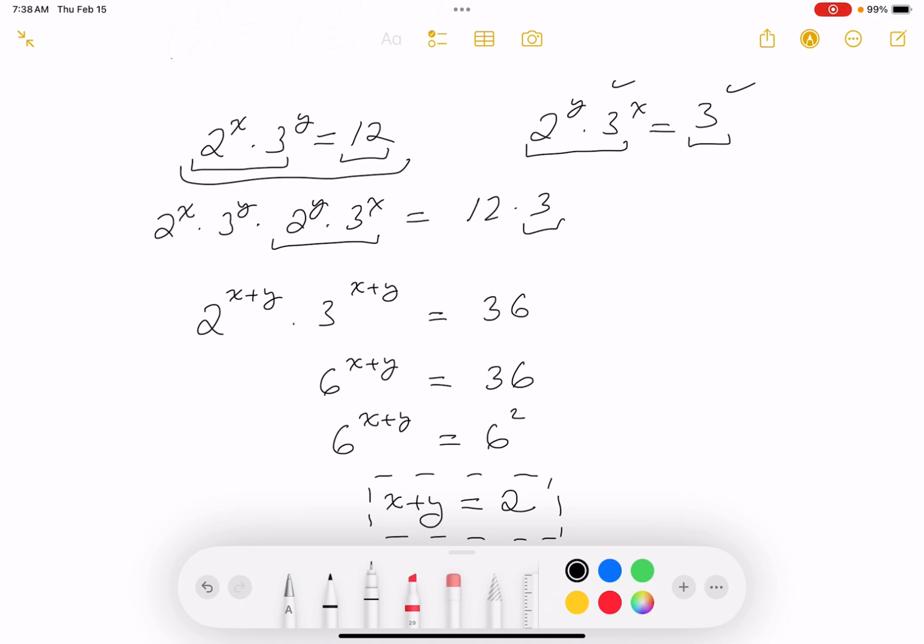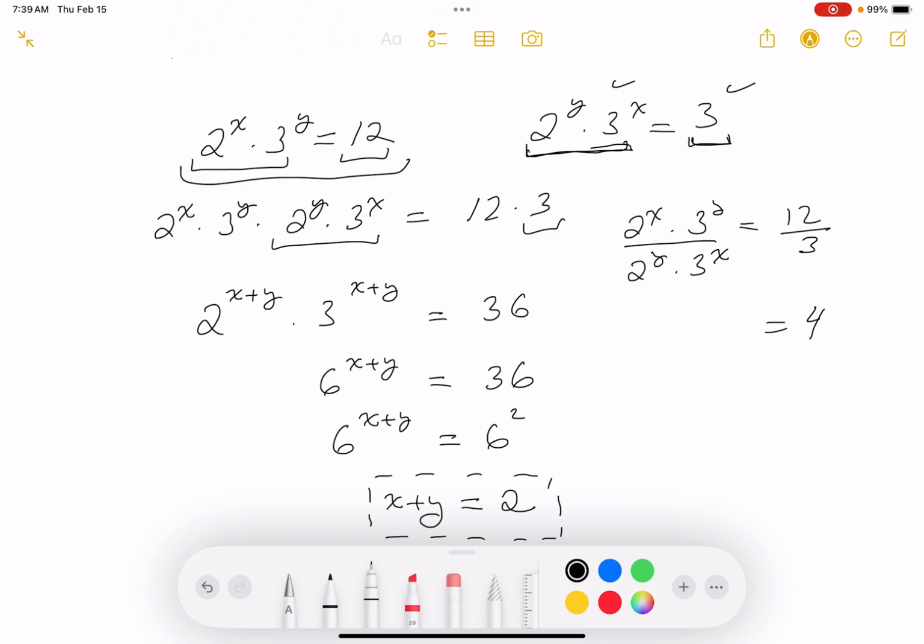What I'm going to do is take this equation, 2 to the x times 3 to the y is equal to 12, and divide both sides by 3. Now, 3 is also equivalent to 2 to the y times 3 to the x. All right, now the right side's pretty easy, just the number 4.